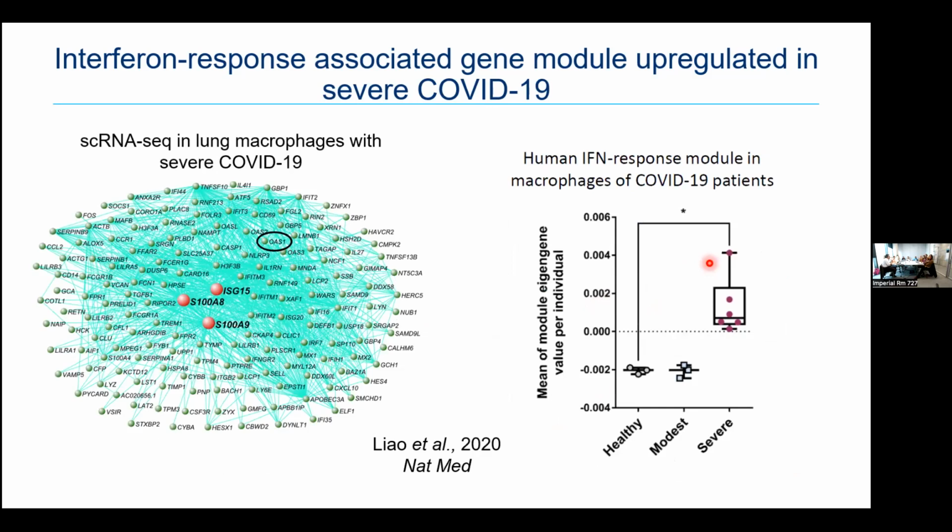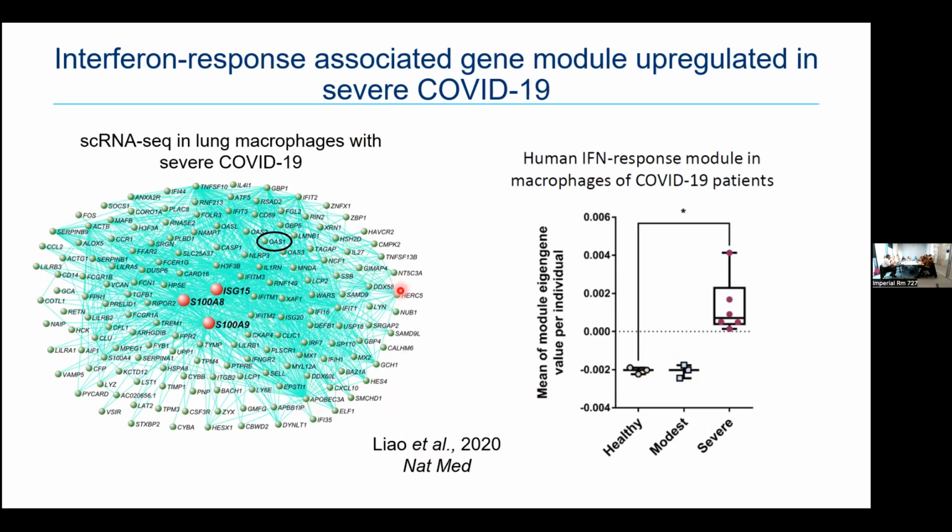Then the reviewers asked us to do something that was more relevant for COVID as well. So we applied the same approach now to lung macrophages, again single cell RNA-seq from this nice Nature Medicine paper. Again, network analysis gave us this network, which is broadly similar to the networks that we saw in microglia in humans and mice.